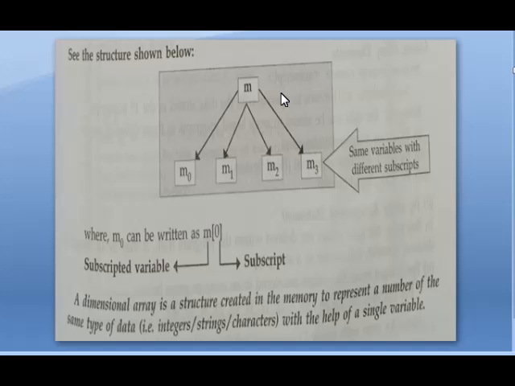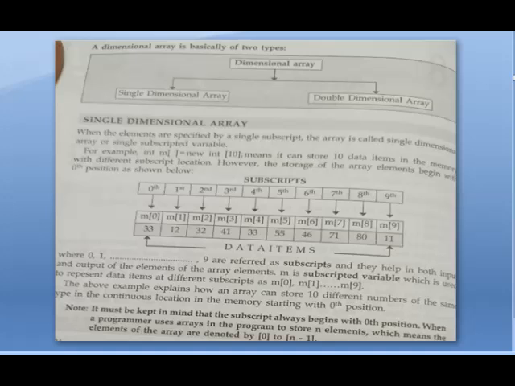A dimensional array is a structure created in the memory to represent a number of data items of the same type, whether integer, string or character, by using a single variable. The dimensional array is of two types, that is, single dimensional array and double dimensional array. First of all, we are going to see the single dimensional array.